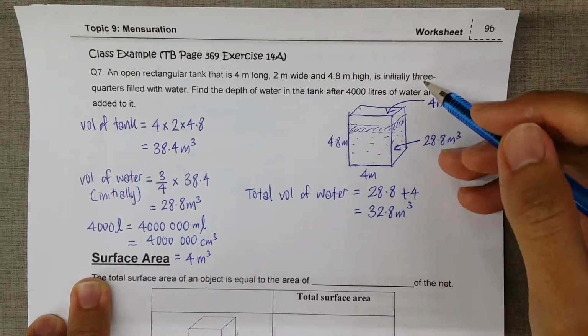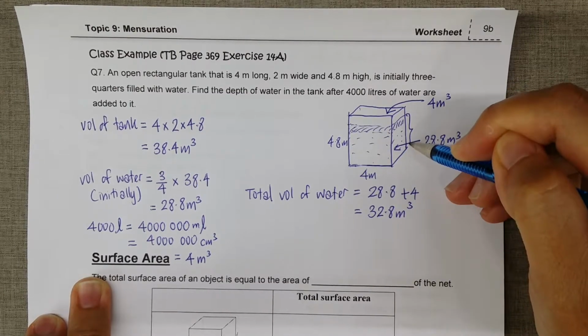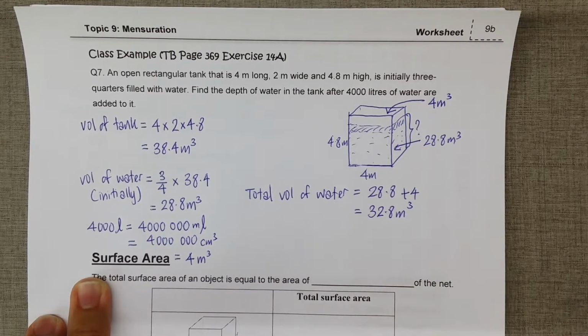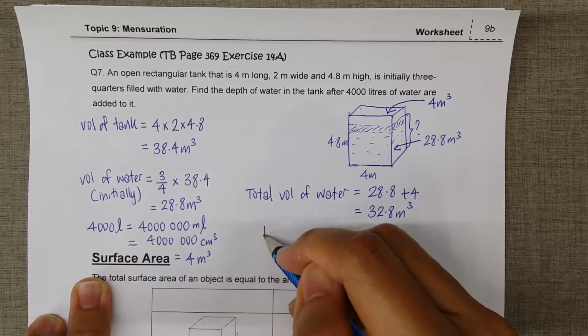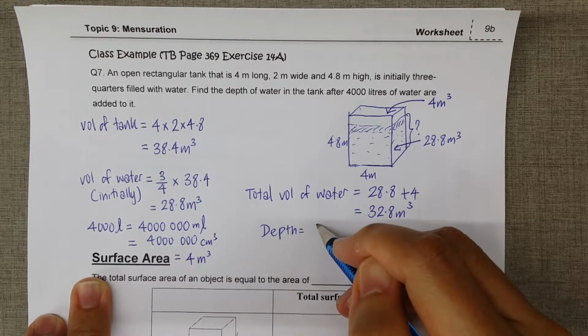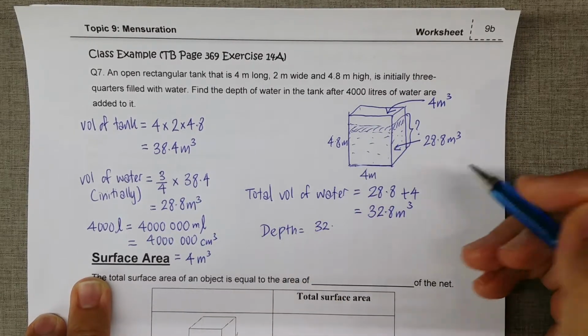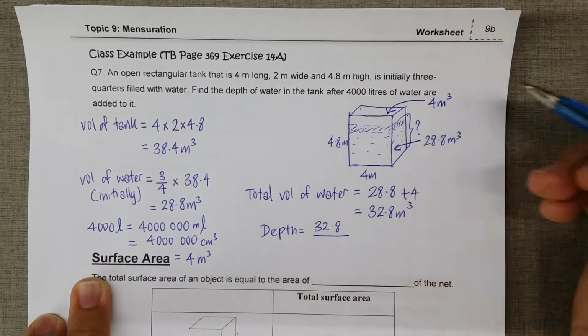But what is the depth of the water now? What is this value that we want to find? We can simply use the formula: depth equals the volume divided by the base area.